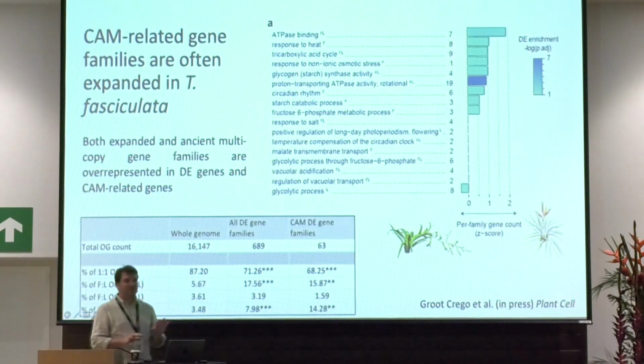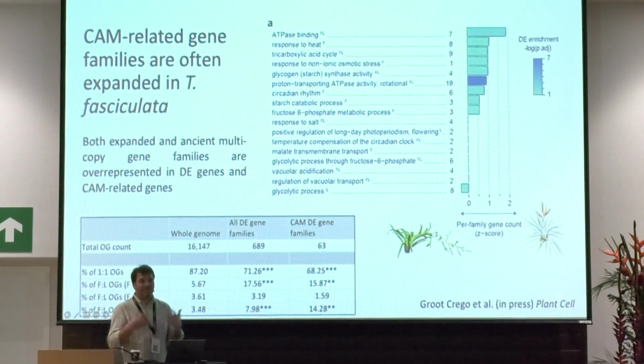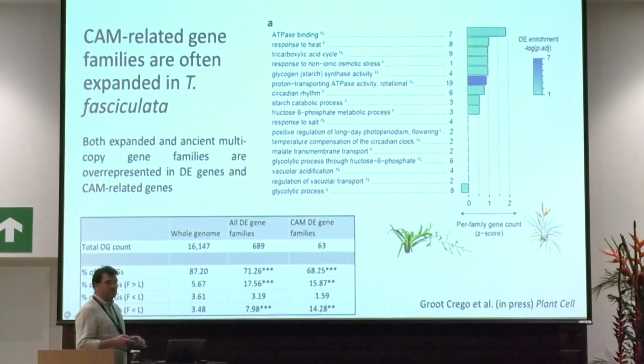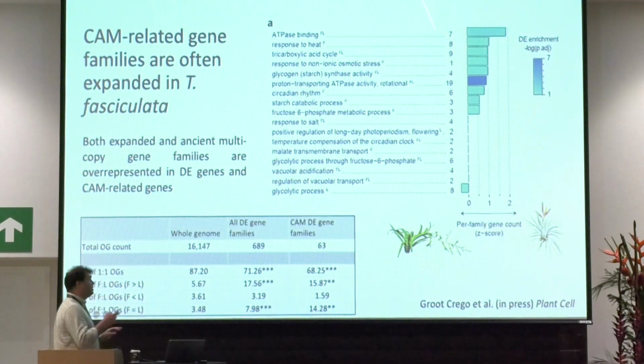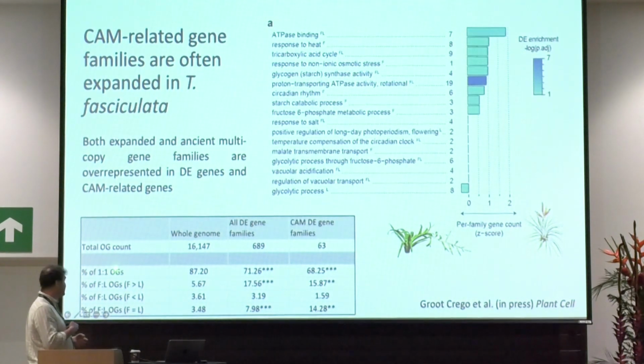Now we did this RNA-seq in a temporal way, and we find the expected candidates like circadian clock, circadian rhythm, or genes involved in regulation of stomatal transport, malate transmembrane transport, and so on. This is nice, but what is really interesting is that when we looked at gene family evolution, we found that the differentially expressed genes are particularly underrepresented among genes with one-to-one orthologs between the two species.